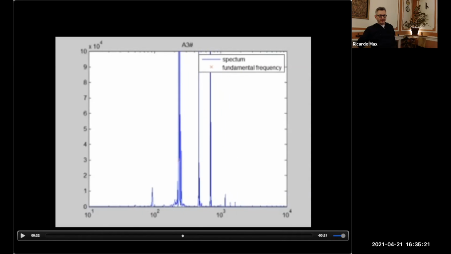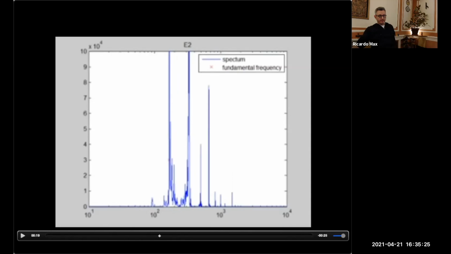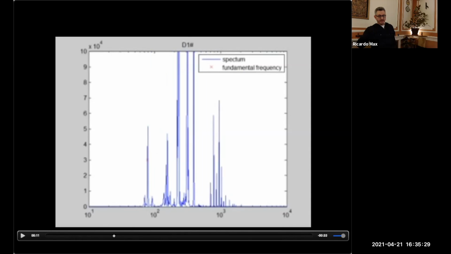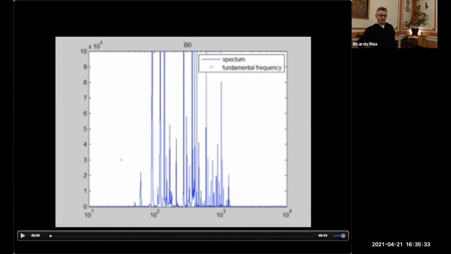But look, those are a bunch of pure tones combined together, even though we feel them as one sound, one pitch. Look at the low tones, how many.